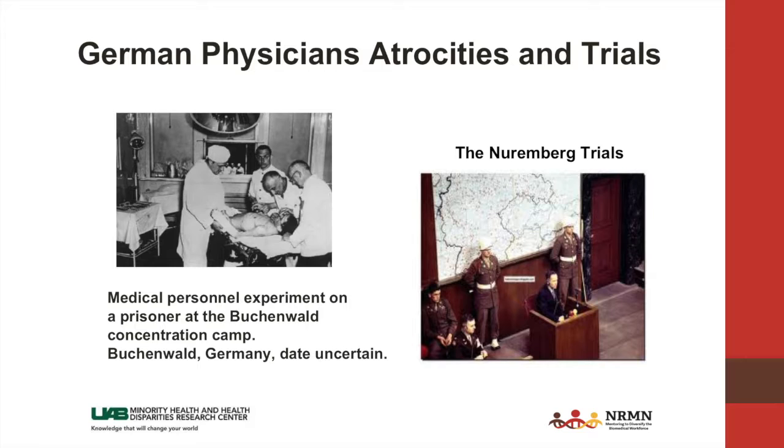That trial was how we got the very first international, if you will, ethics of human experimentation. It's called the Nuremberg Code. I will say a little bit more on that later.